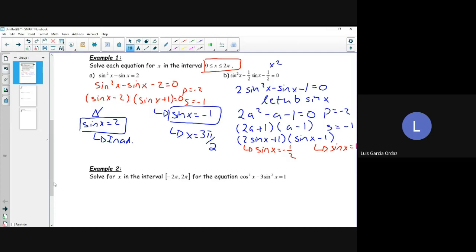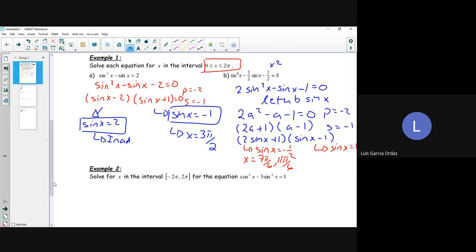Using our unit circle, at what radian measure does sine x give us -1/2? That is when x equals 7π/6 and 11π/6. Now we ask ourselves, where does sine x give us a value of 1?